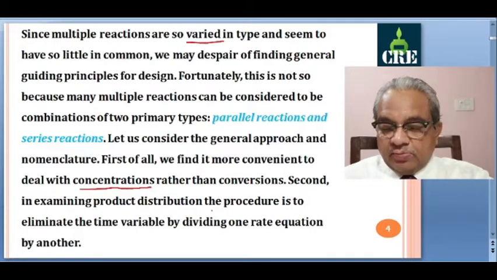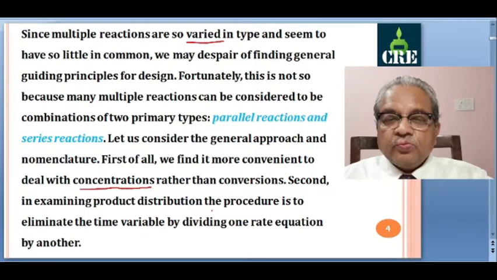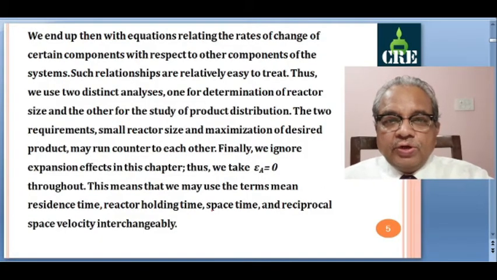So our equations will result in ratios of changes of concentration, dCR by dCA or whatever as per the problem we are dealing with. We end up with equations relating the rate of change of certain components with respect to another component of the system. Such relationships are relatively easy to treat.